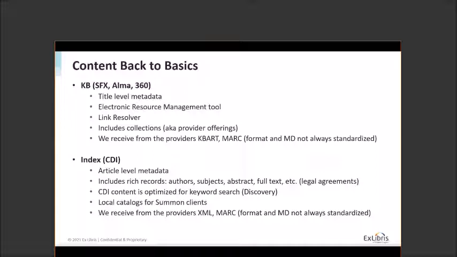The KB also functions as a link resolver, and this is not a feature that is part of the activation, but a feature that is part of the click to the full text. The link resolver is functionality that has existed for more than 20 years, and it knows how to create a link using metadata from a record.